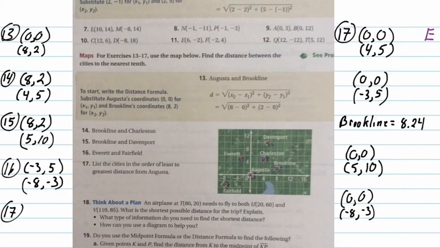I mean, Everett and Charleston were so close. Next one's Charleston. Looking at the map, what would be third closest? We did Everett, we did Charleston. The third closest, would it be Davenport, Brookline, or Fairfield? I would say Brookline.